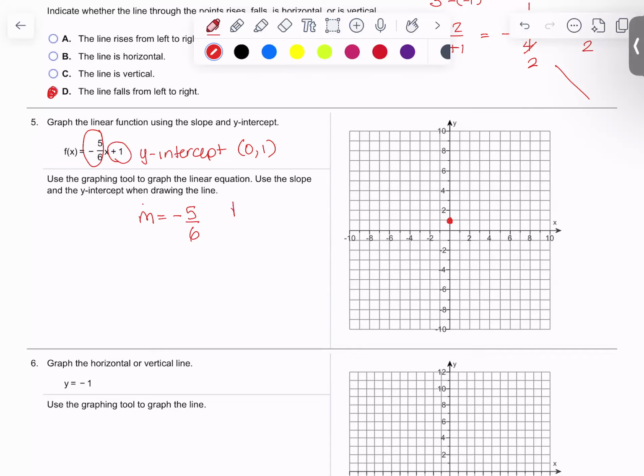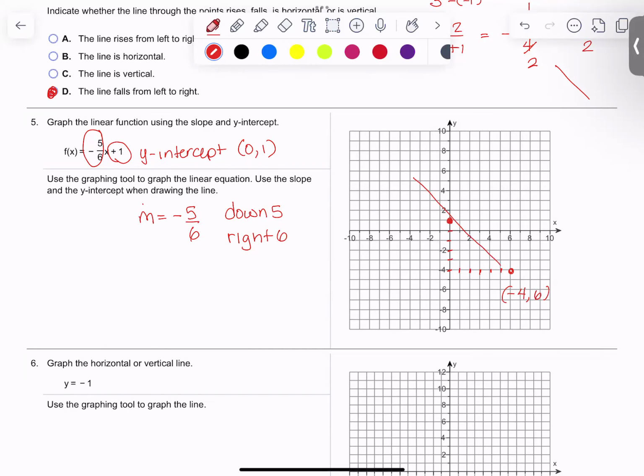Since it's negative, I'm going to go down 5 and to the right 6. So I'm going to go down 5. 1, 2, 3, 4, 5. So I'm going to end up at -4. If I'm starting at 1 and I'm going down 5, I'm going to go to -4, and then I'm going to go to the right 1, 2, 3, 4, 5, 6. So I end up at the point 6, -4, okay, and then draw my line.